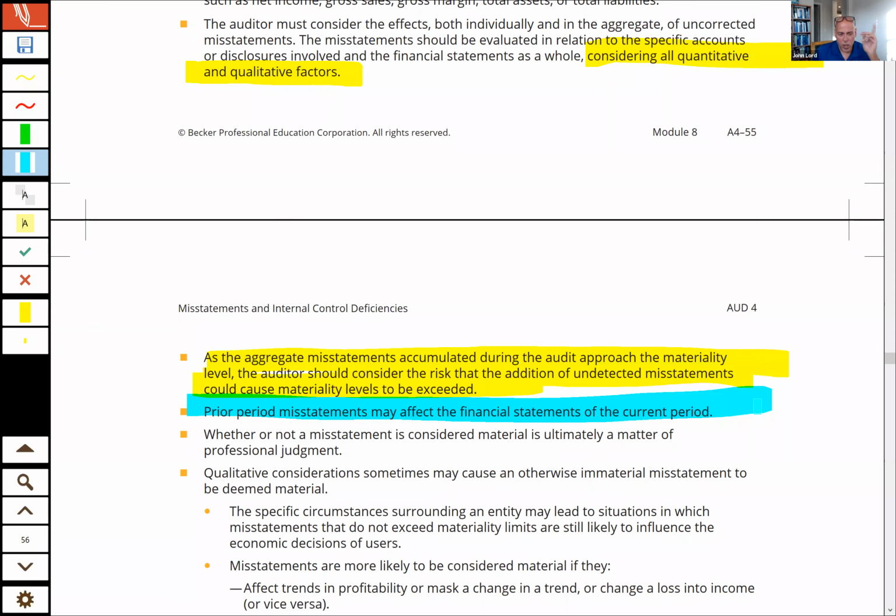Remember the tolerable misstatement was 15,000, and the misstatement that came from applying our dollar unit sample was something like 8,000 something. What was it? 8,250 or something like that. Good thing I can't remember the exact number. But remember I said, well, look, we're below our tolerable misstatement, right?